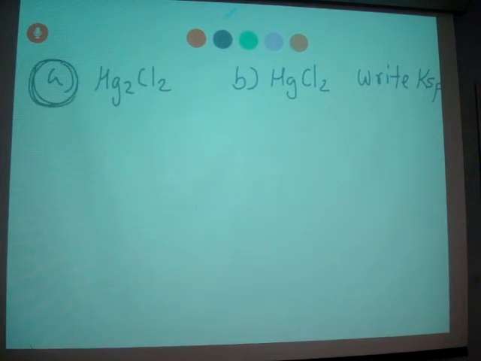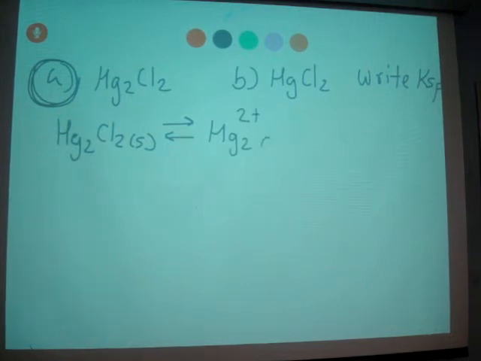Let's say we are picking this salt, okay? When you write the equation for this salt, it's in solid form, which is in equilibrium with Hg2 2 plus aqueous plus 2Cl minus aqueous. So that's their equilibrium equation.